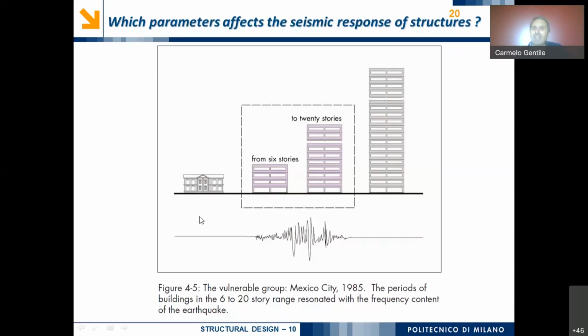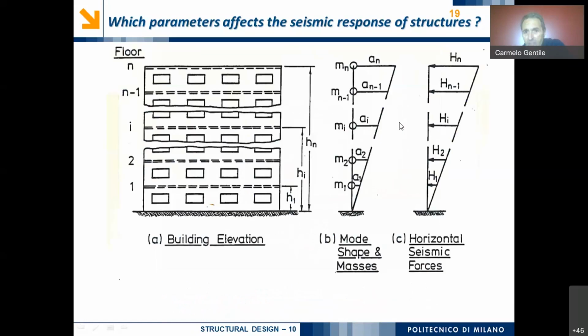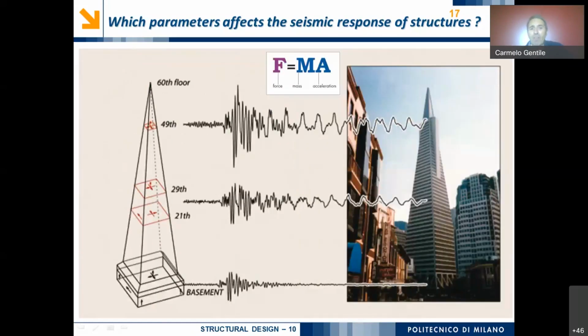So this means that there is a strong effect of the characteristics of the building in amplifying the seismic motion, from the ground up to the upper floors of the building.